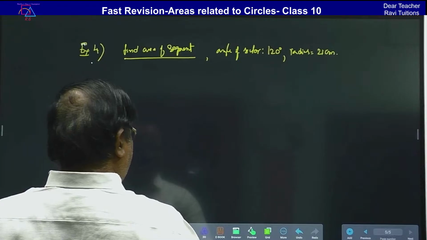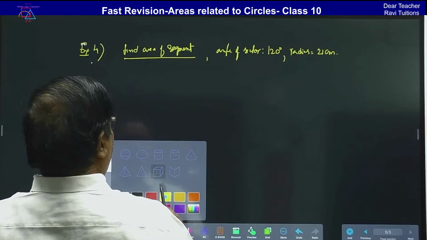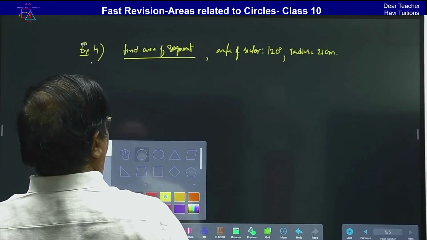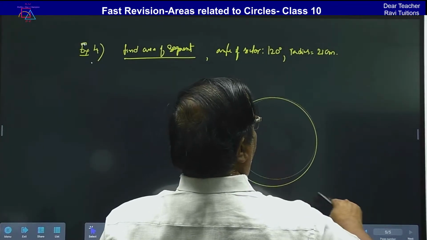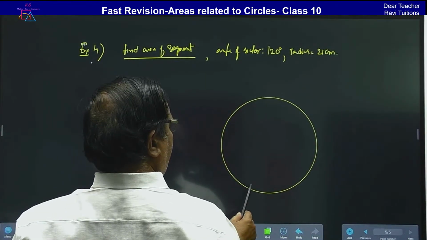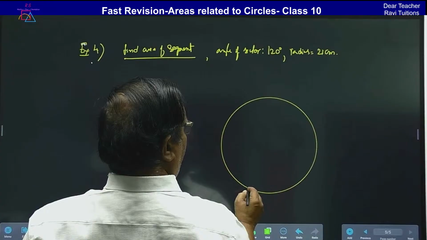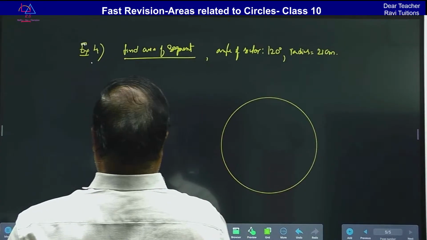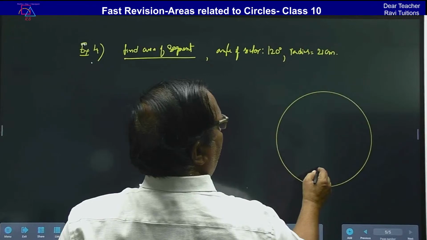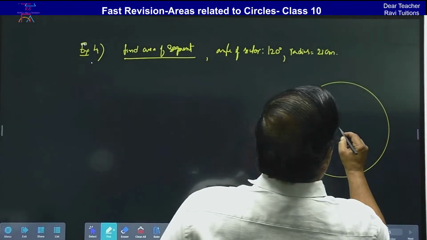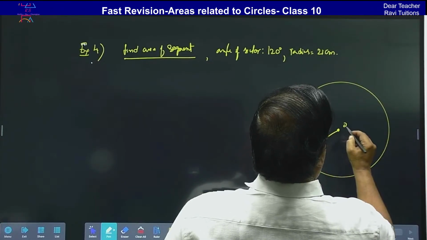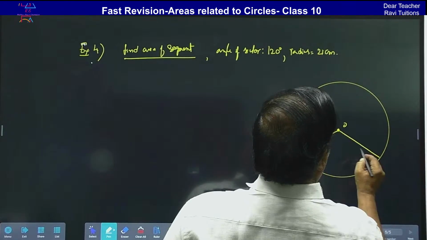Now let us draw a circle. This is the circle. We will make a center here and the angle is 115 degrees.